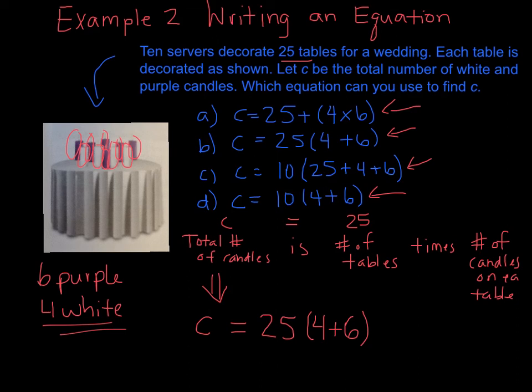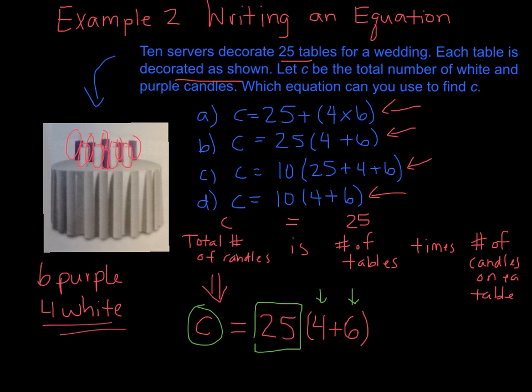So let's look at what we've got so far. Each table is decorated as shown. We've got the 4 white ones and we've got 6 purple candles. Let C be the total number of white and purple candles. Okay, so we need to know what our very big total is, and we have 25 total tables to decorate.